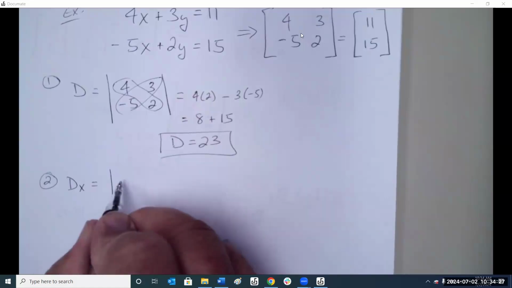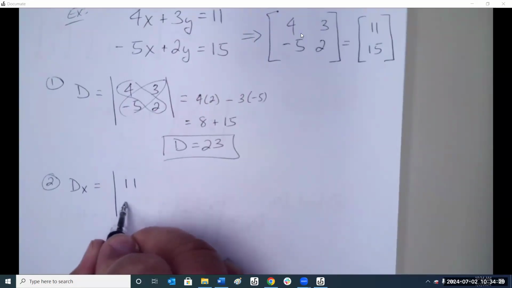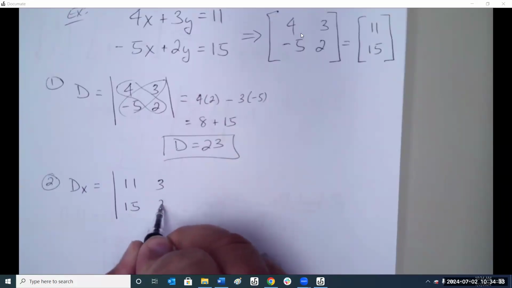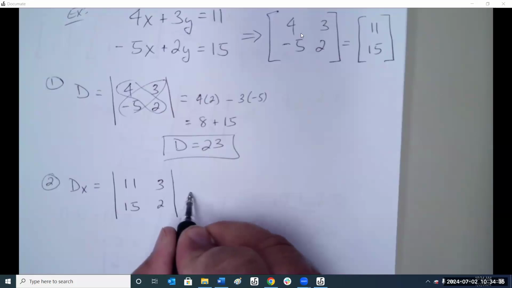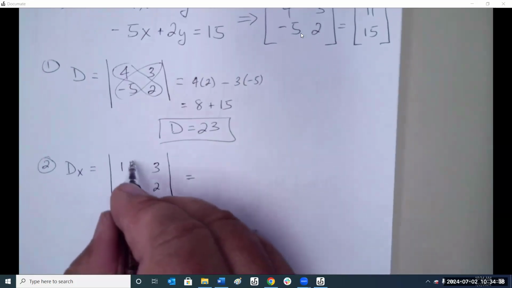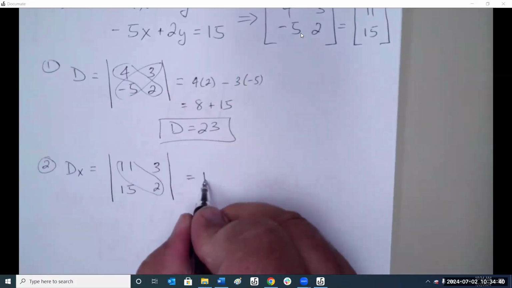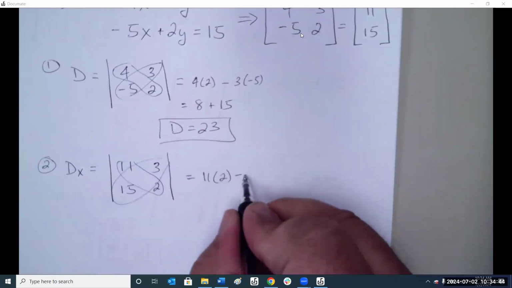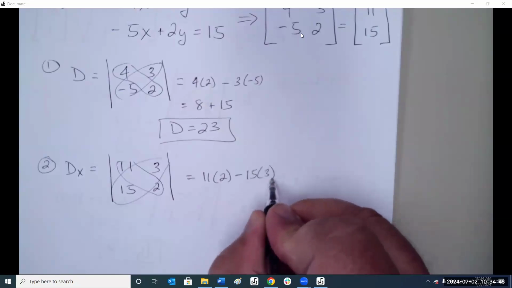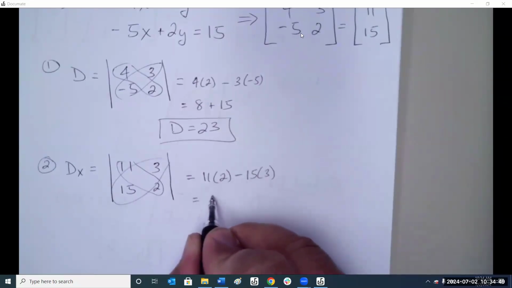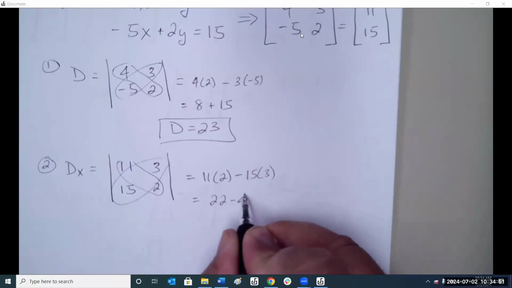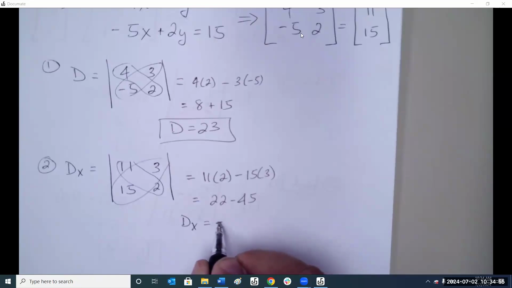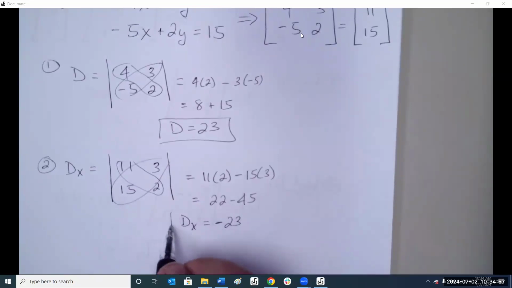Dx: take the answer, put it in the X column. Leave the Y column alone. 11 times 2 minus 15 times 3. 22 minus 45. Dx equals negative 23.